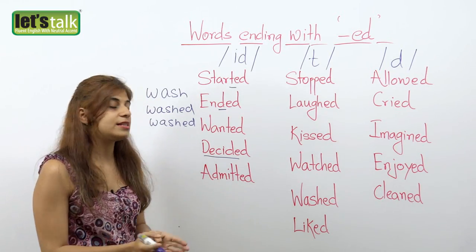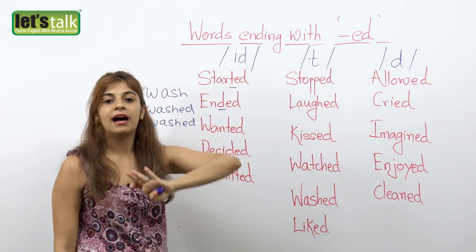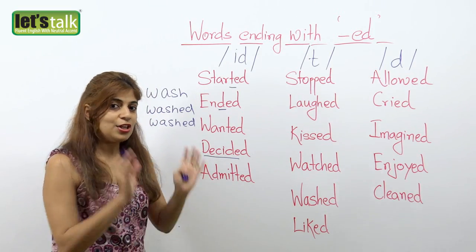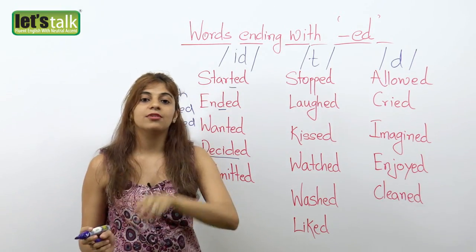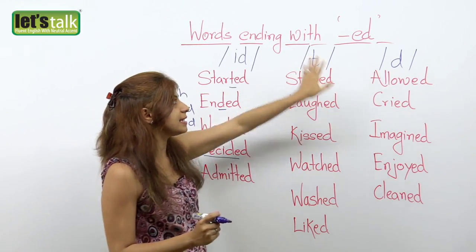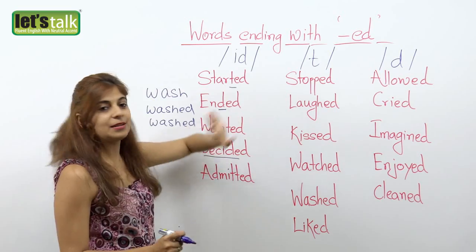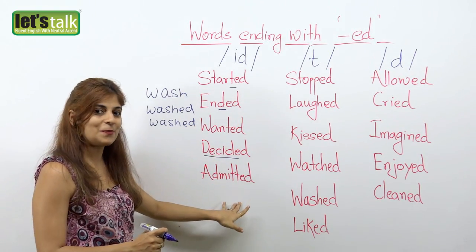That's exactly the reason why we pronounce it as decided. We end up using the id sound. So, hope this is clear to you. For the words that end with the sound of t and d, the correct way to pronounce the ed would be id. So, started, ended, wanted, decided, admitted.